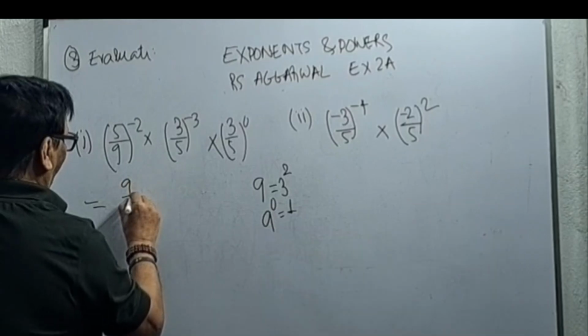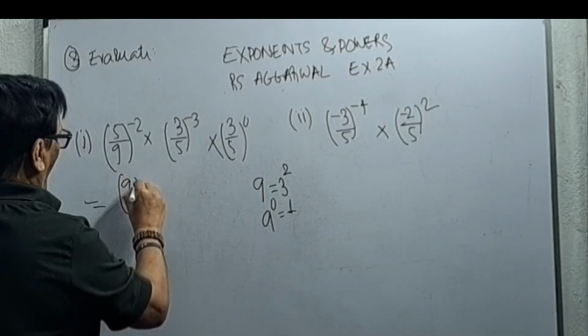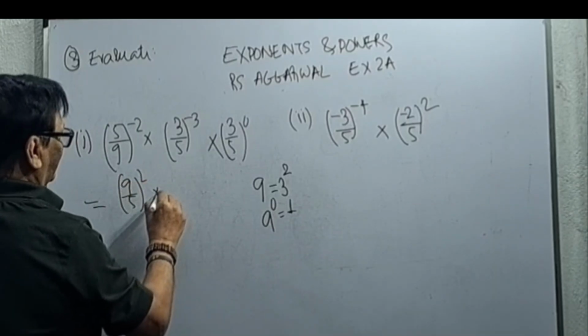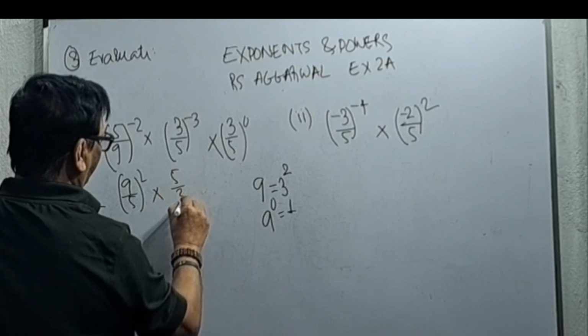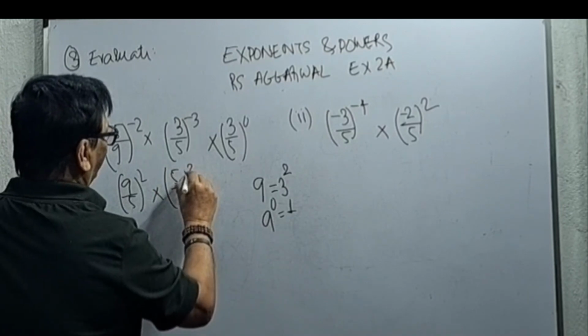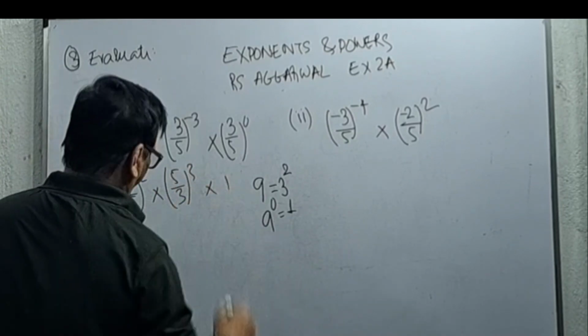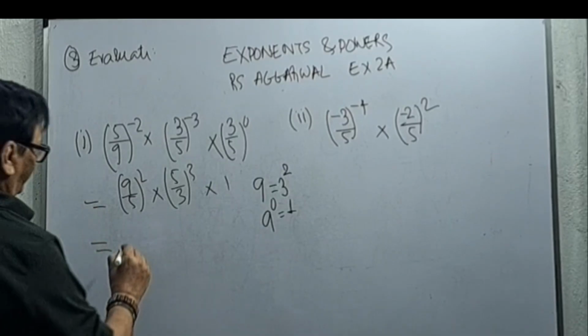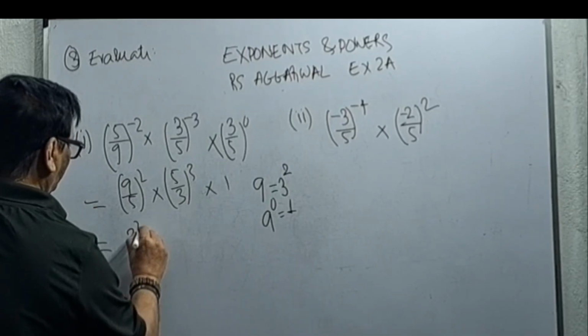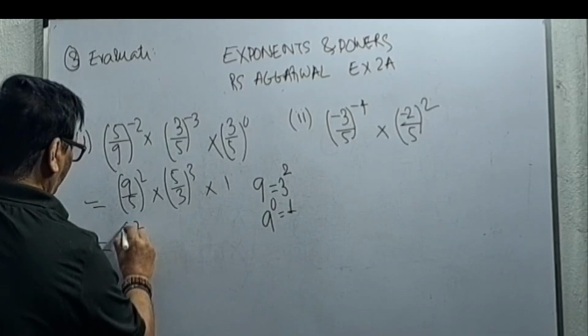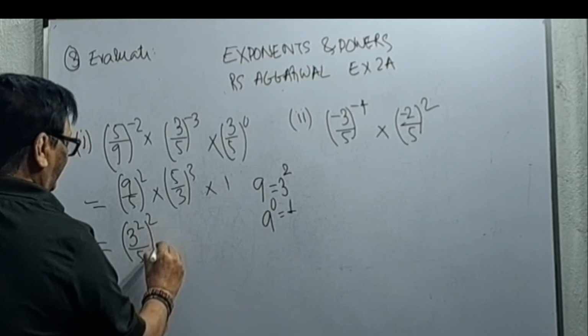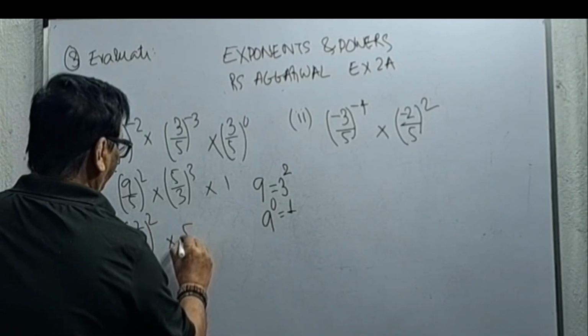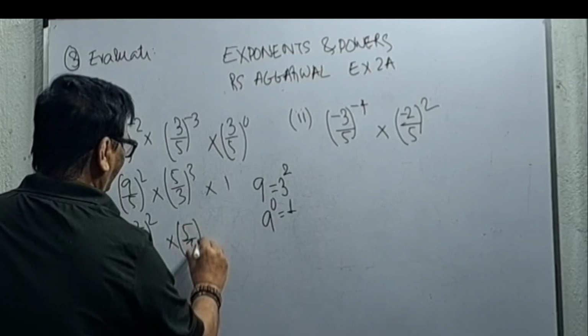So 9 by 5 power 2 times 5 by 3 power 3, and this is equal to 1. Right? Now we replace 9 by 3 to the power of 2. So 3 to the power of 2 by 5 power 2 times 5 by 3 to the power of 3.